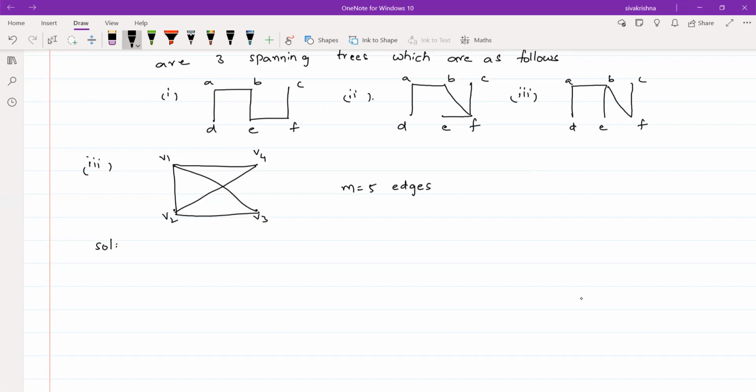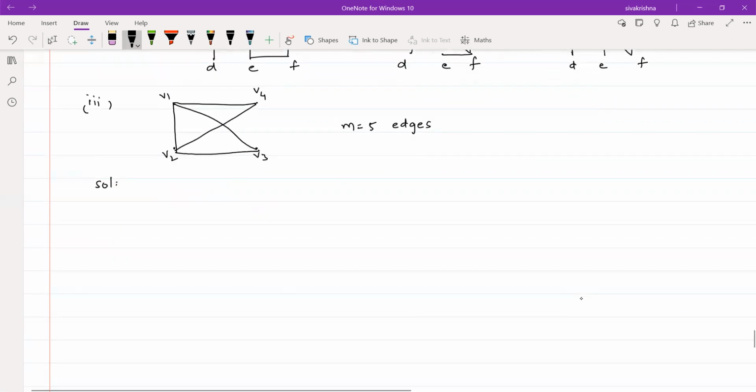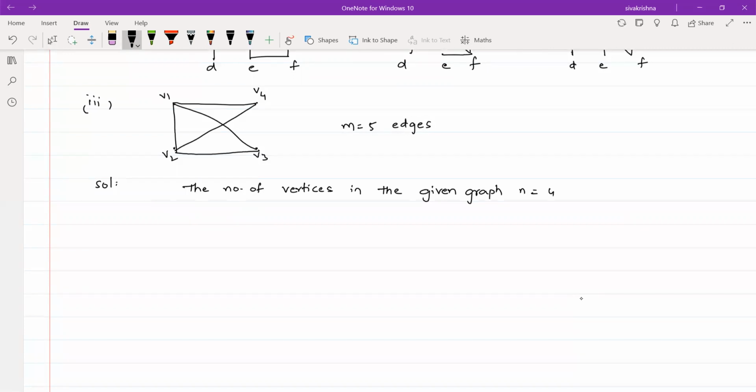I am saying that the number of vertices in the given graph, n, is equal to 4.